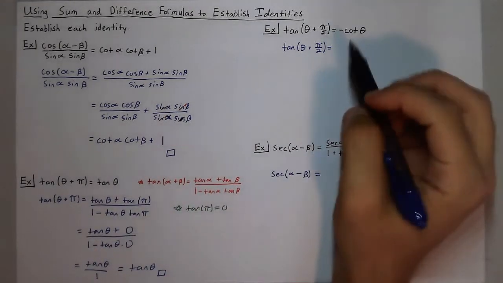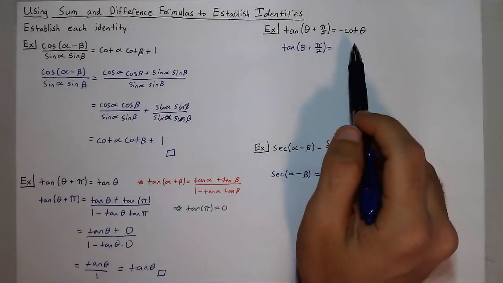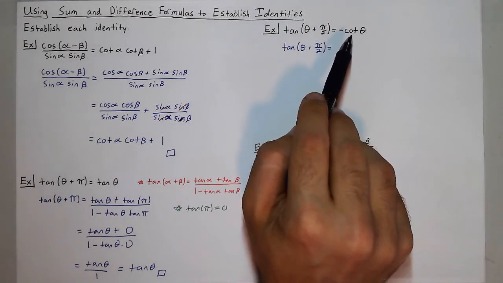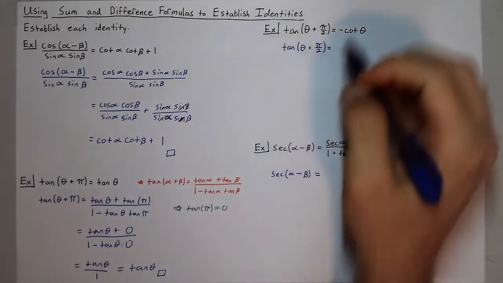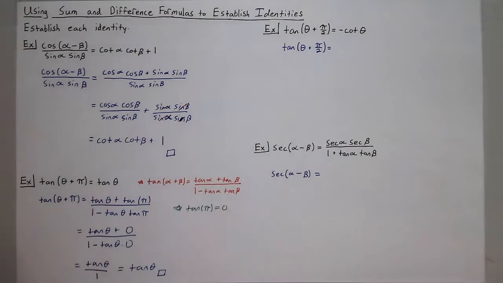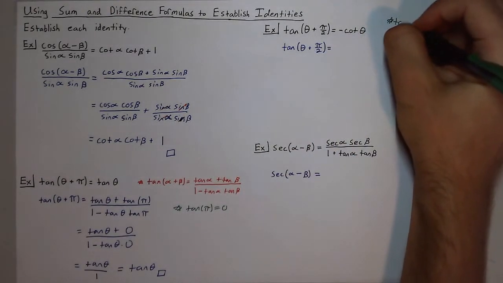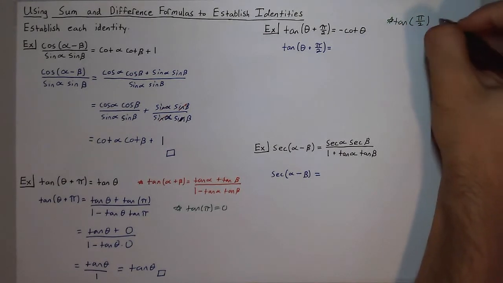So next up I have tangent of theta plus pi over 2 is equal to negative cotangent. This is a phase shift, but equals negative cotangent. Now to prove that this is true, I want to use this formula, but I have to be very careful, because at one point I'm going to get tangent of beta, but tangent of pi over 2 is undefined.